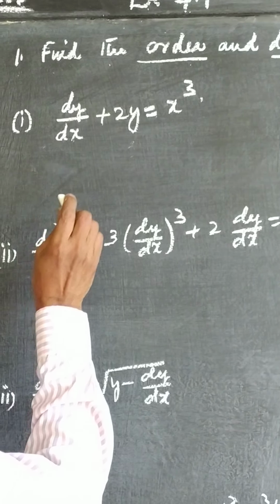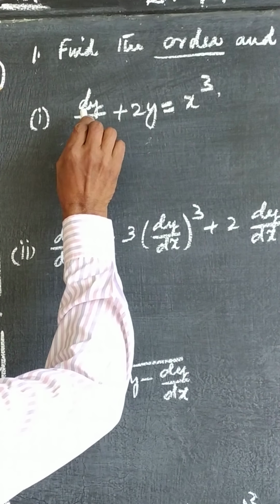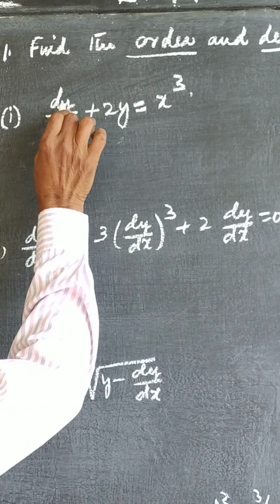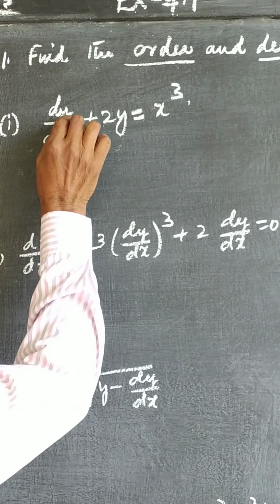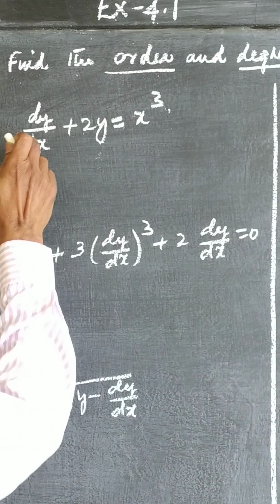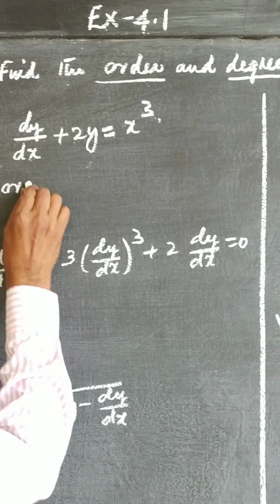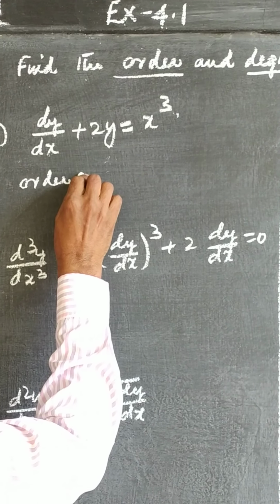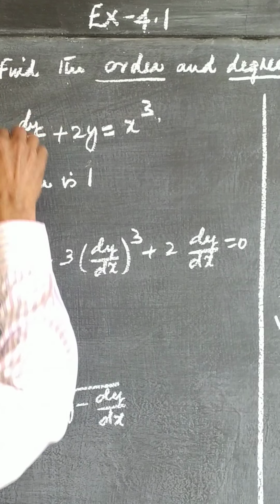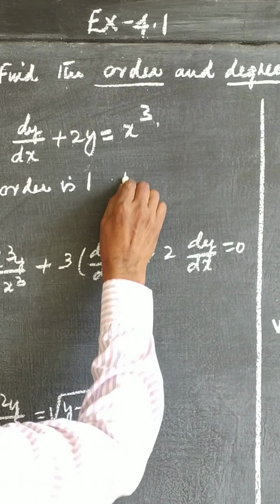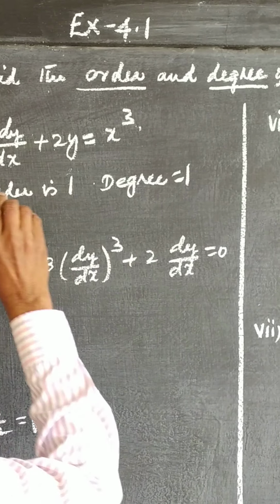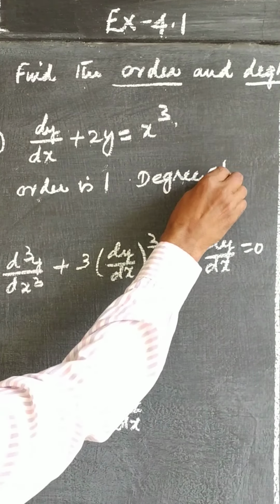This is the first order differential equation. It has the first derivative. Therefore, the order here is 1 and the degree is also 1. So order is 1, degree is also 1.